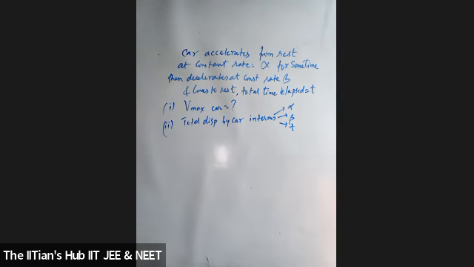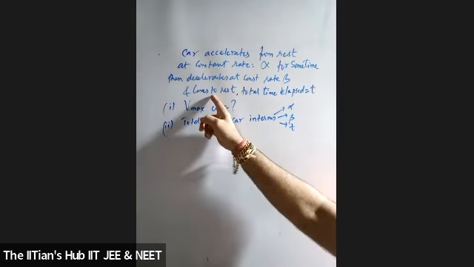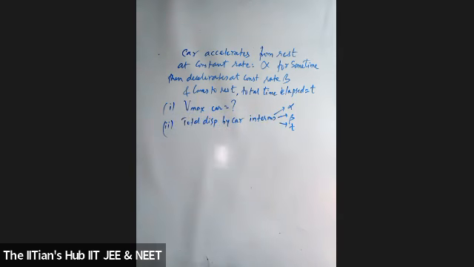Question clear हुआ students? So is the question clear to all of you? Yes, sir. So a car is accelerated from rest at a constant rate alpha for some time, then decelerates at a constant rate beta, and then comes to rest. Total time elapsed is t. Find out the maximum velocity of the car and the total displacement of the car in terms of alpha, beta, and t.